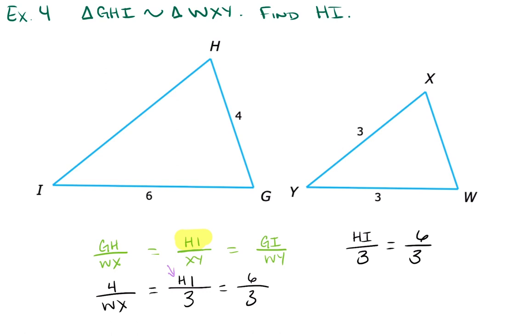And when we are dealing with proportions like this, and we're setting 2 fractions equal to each other, the way that we can work this problem out is through cross multiplication. Okay, cross multiply.